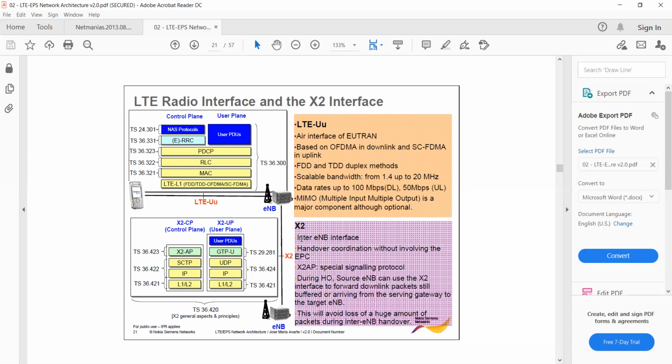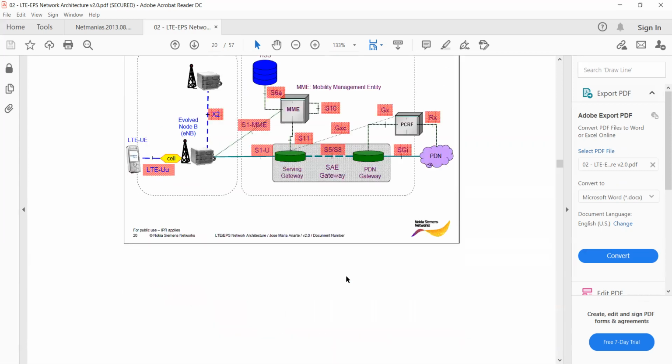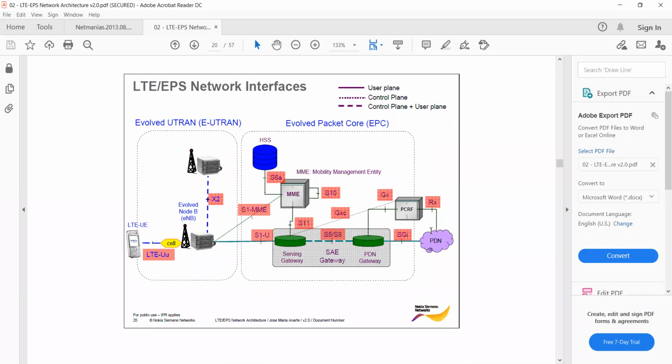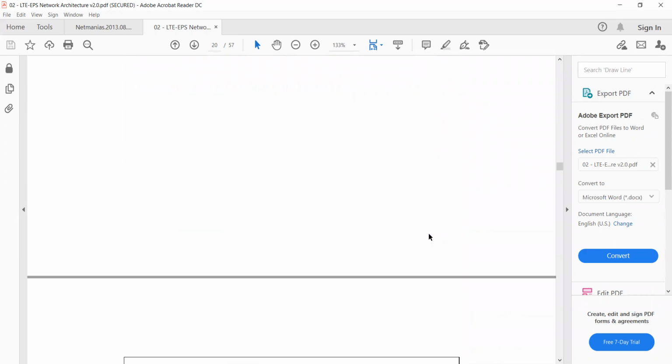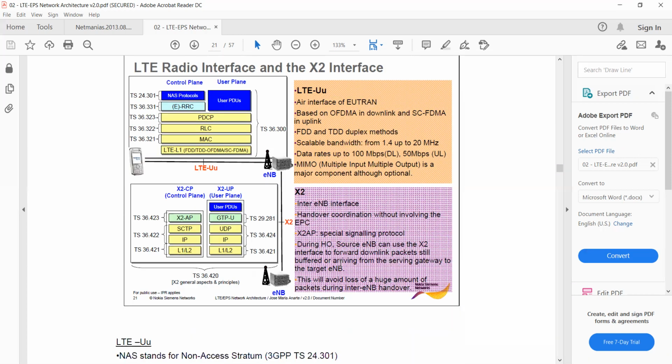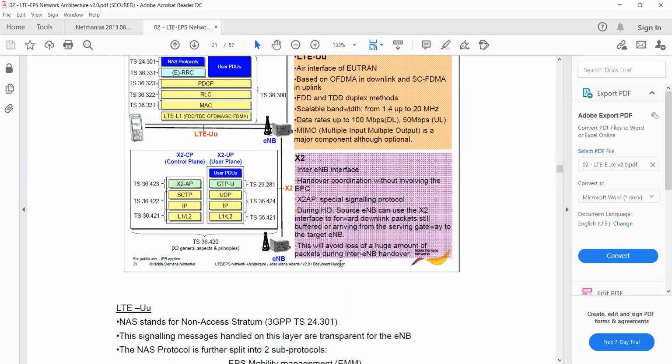EPC means this whole part. This is the EPC.